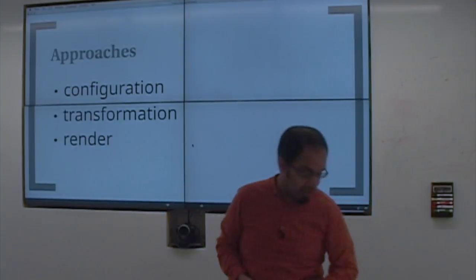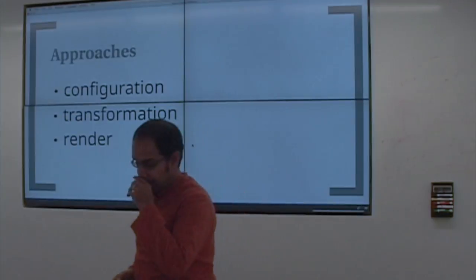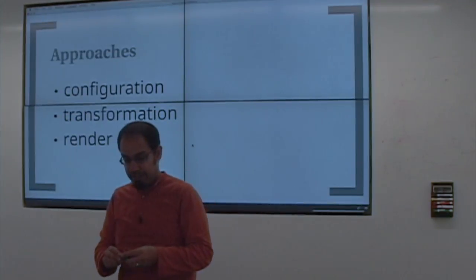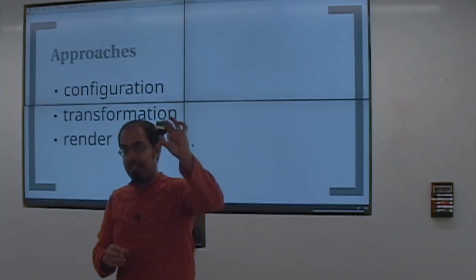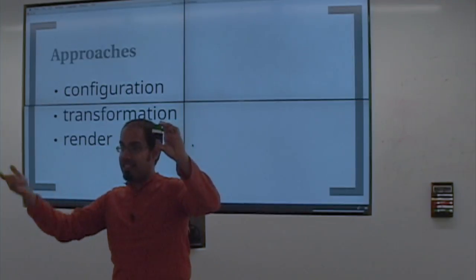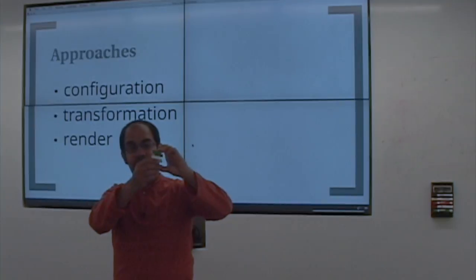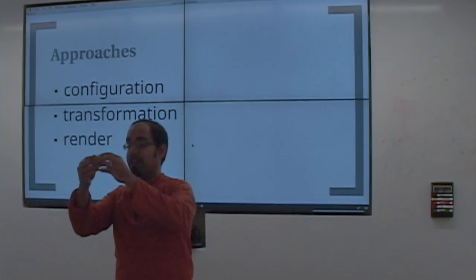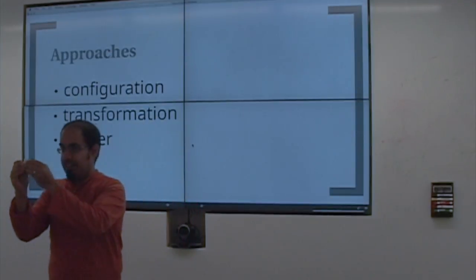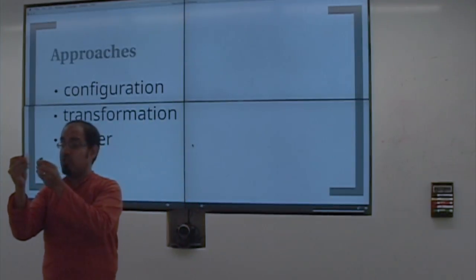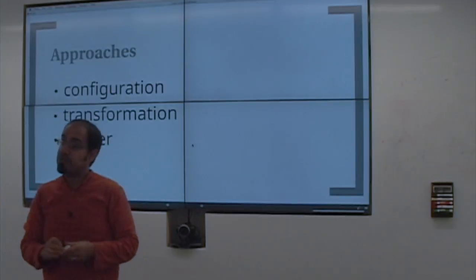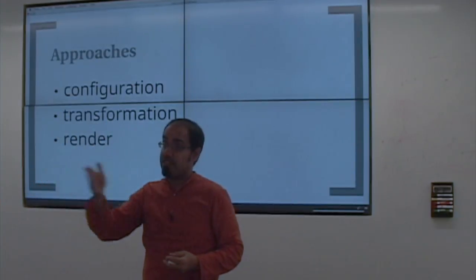The transformation tool is much more, I'll probably point at D3 as the primary example of this. The idea that you start with some set of data and you tell it what to do to that data. You say, okay, here's my data. I want you to plot it on an x-axis. I want you to bucket it into 3 different buckets. And I want you to take all the green ones and get rid of them. Right? So you set up a pipeline of operations of what you want to do.